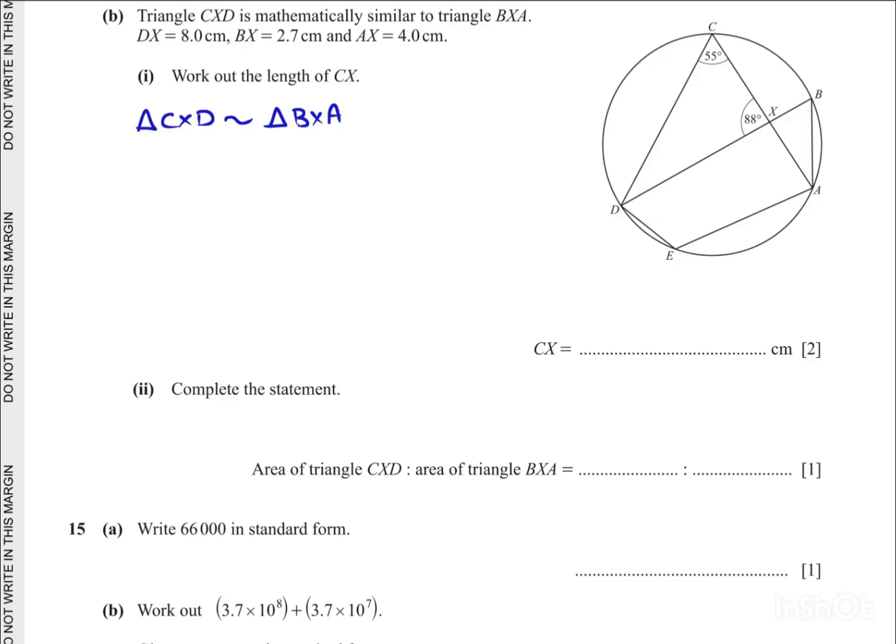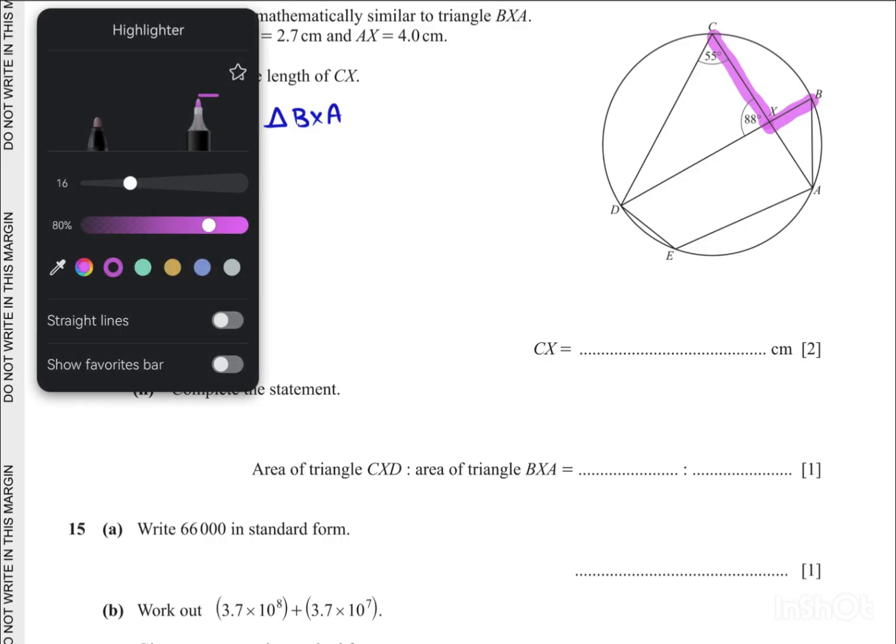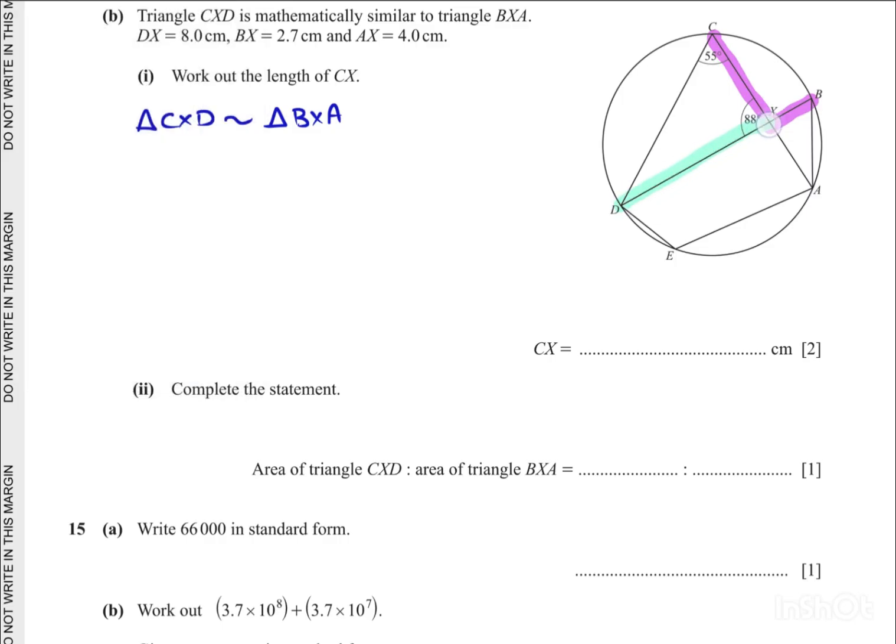When two shapes are similar, their corresponding sides ratio will always be equal. CX is corresponding to BX, and DX is corresponding to AX.